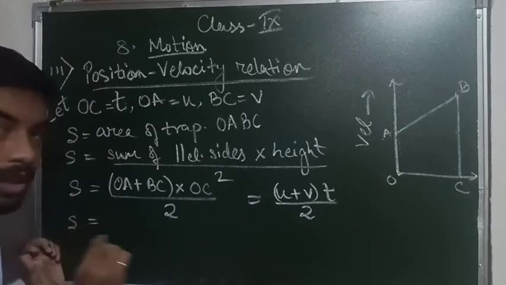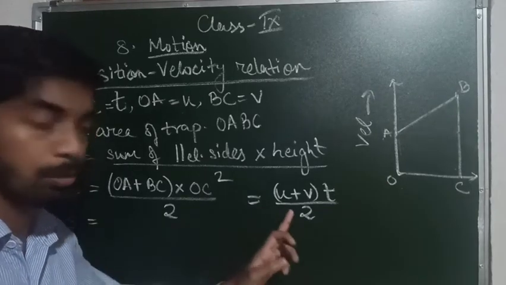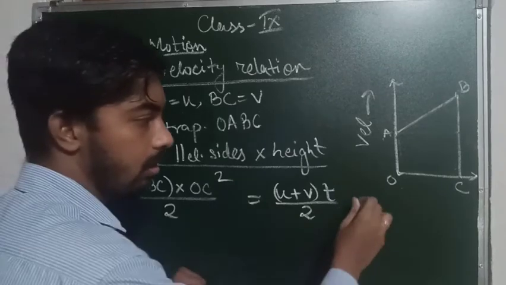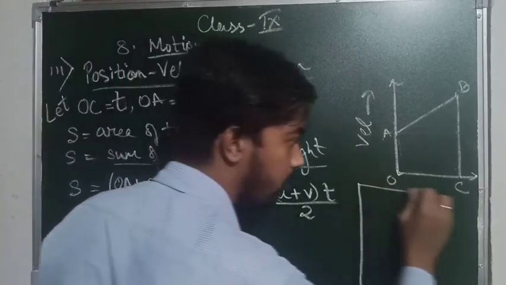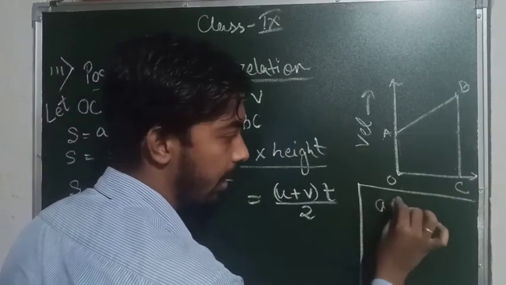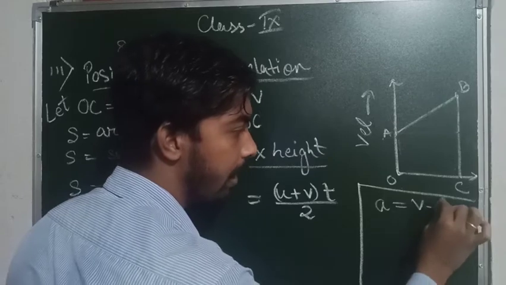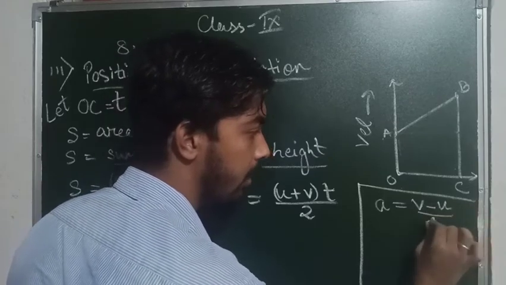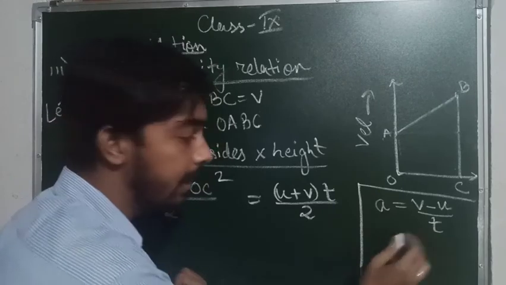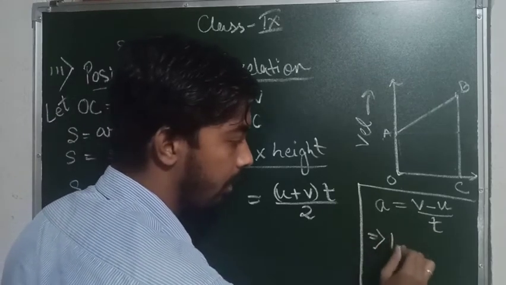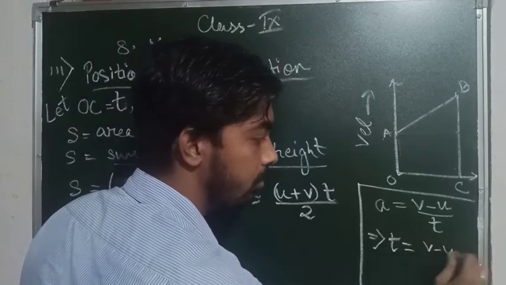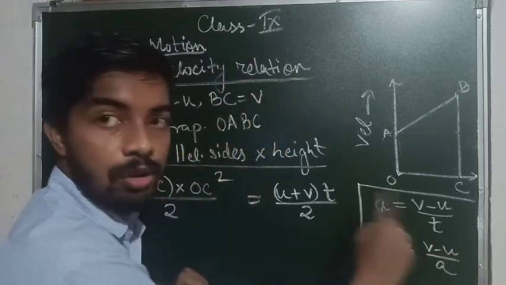So now a little small trick from this side. If you remember the formula for acceleration, a equal to v minus u by t, and if we want to find t, t is equal to v minus u by a, means cross multiplication.